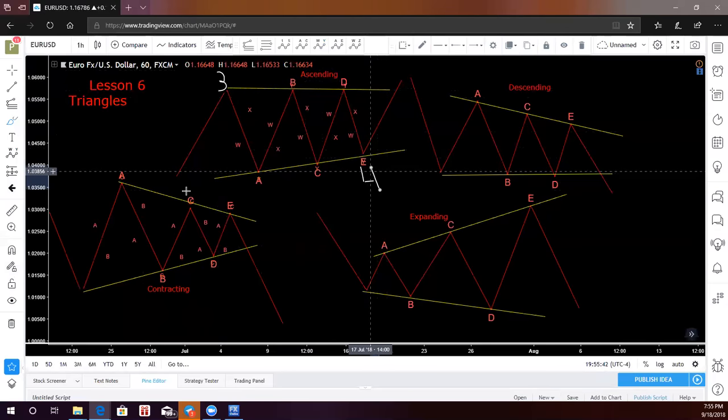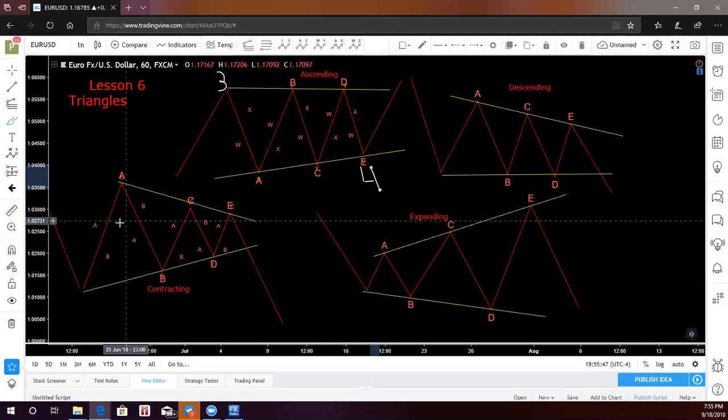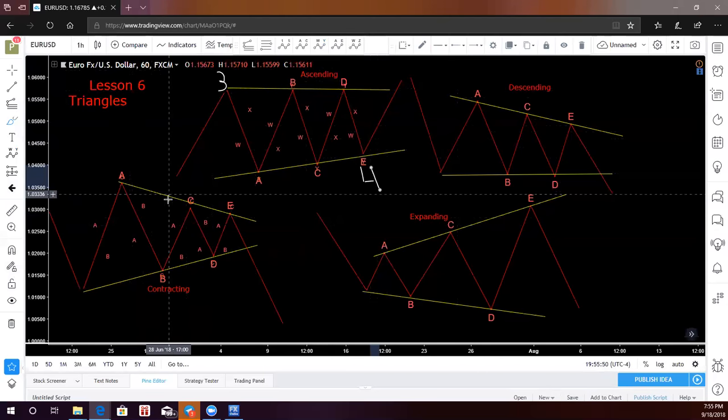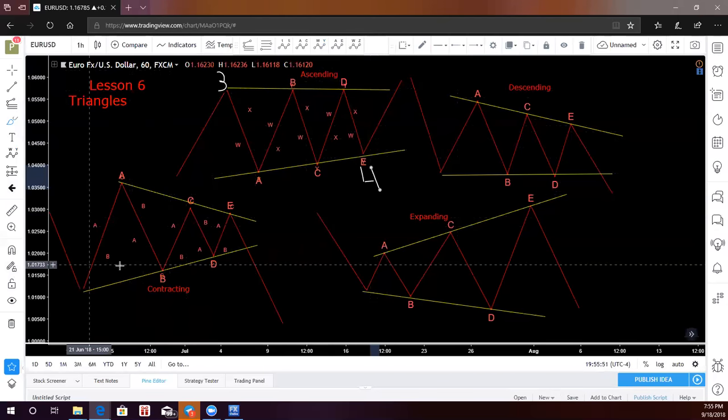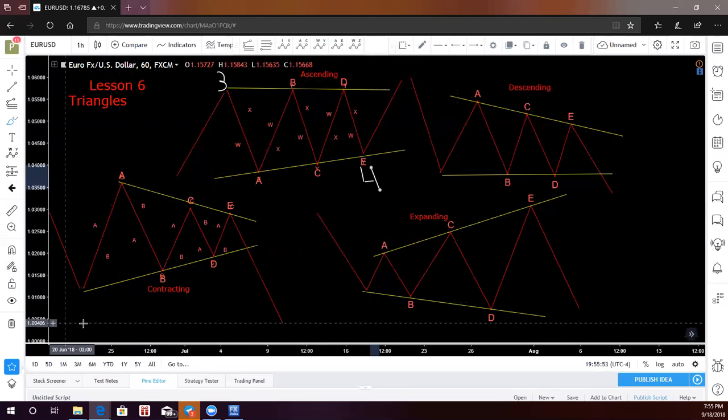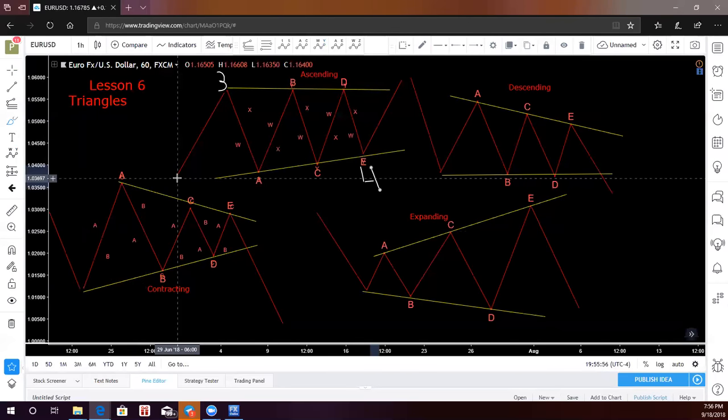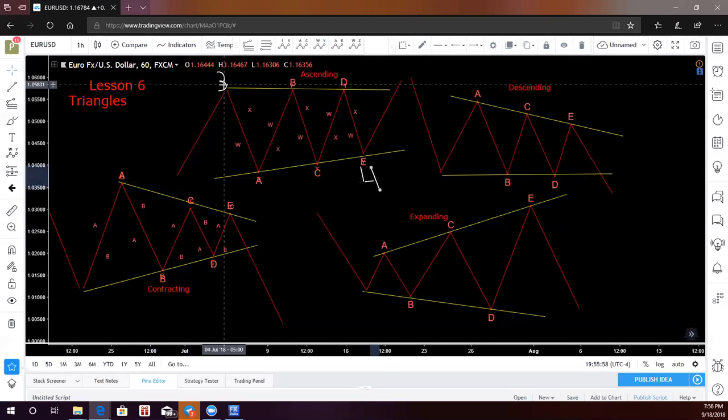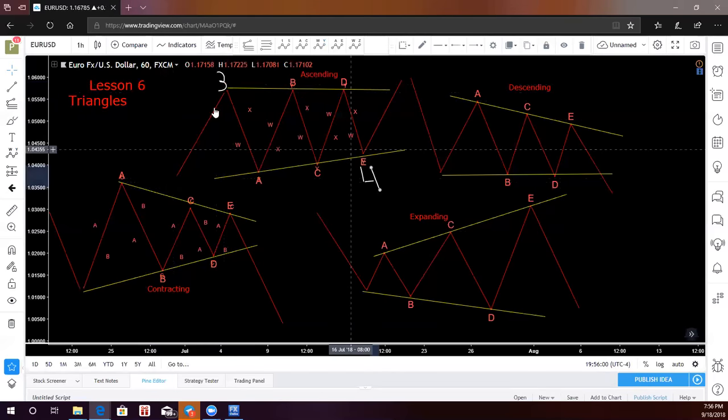Four. Now, basically what an ascending triangle is, if you have a 1, 2 down here, a 3 coming up, this would be 3. This would be your whole wave 4. So you'd have an A, B, C, D, E. It's a 5 wave movement.